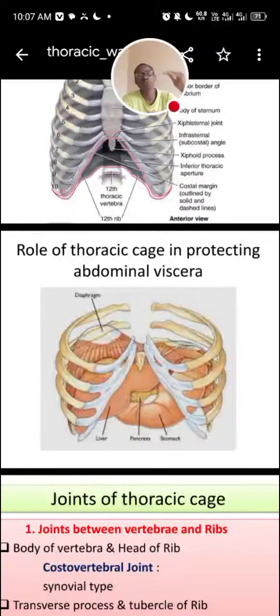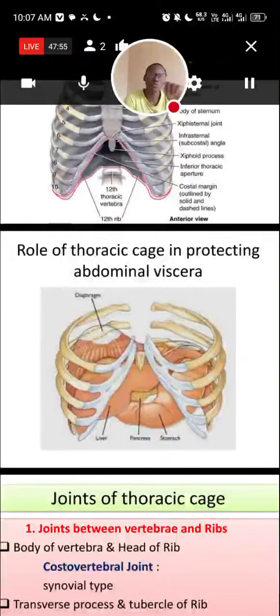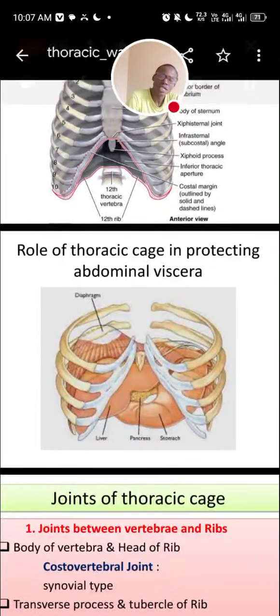The S is for superior mediastinum, the I is for inferior mediastinum, and the P is for posterior mediastinum. Mediastinum is a topic we'll look at on its own.